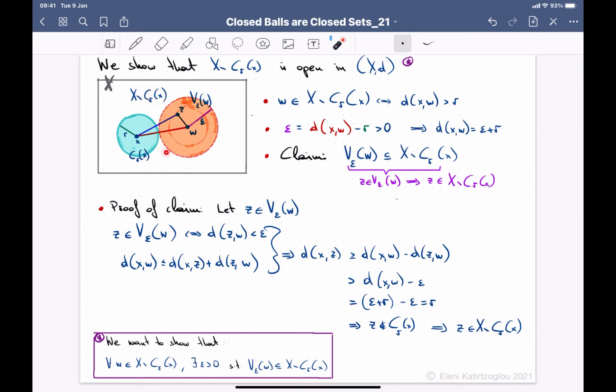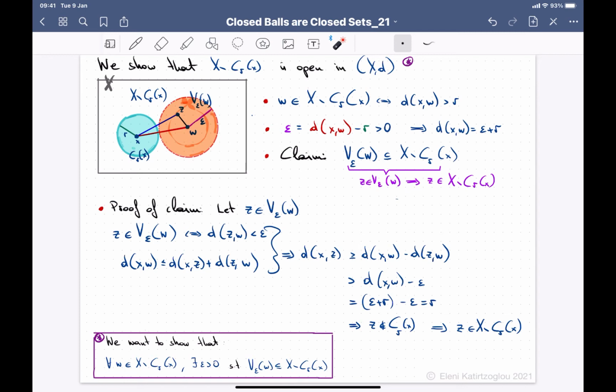It's not going to intersect the closed ball. It's not going to go this way. It's not going to even touch the closed ball. Why? Because the neighborhoods actually do not include the perimeter of the disk. So the perimeter of the disk here is not included.